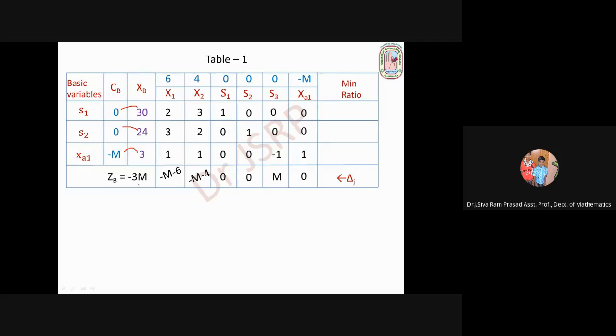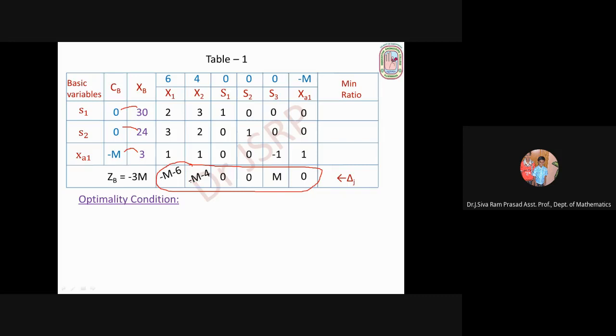Okay. Now verify the optimality condition. That means whether this solution is an optimal solution or not. So what is the optimality condition? All delta j greater than or equal to 0. So observe all these values, all these are delta j values. Since M is a very large value compared with other prices, if the M coefficient is positive, it is a positive term.